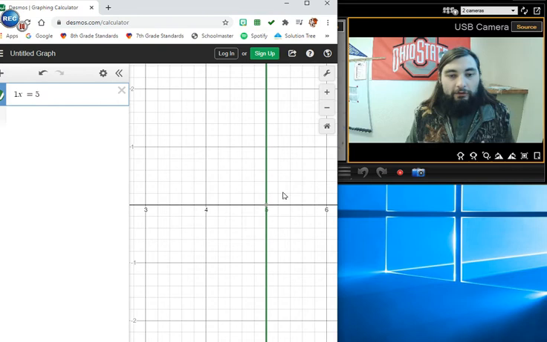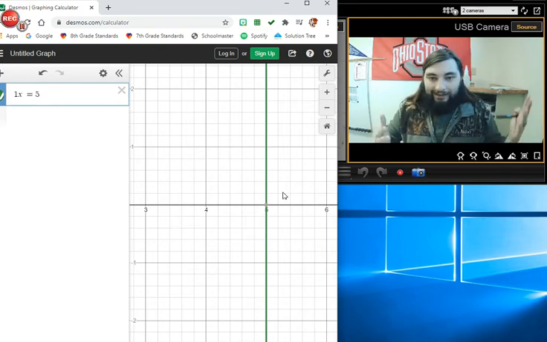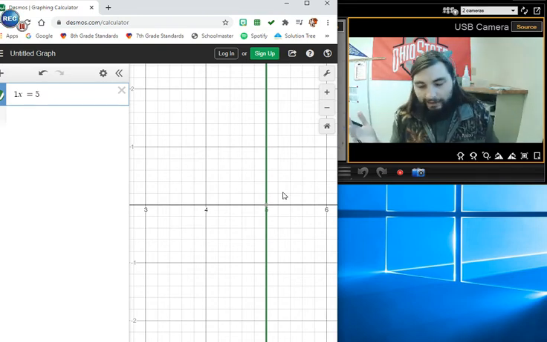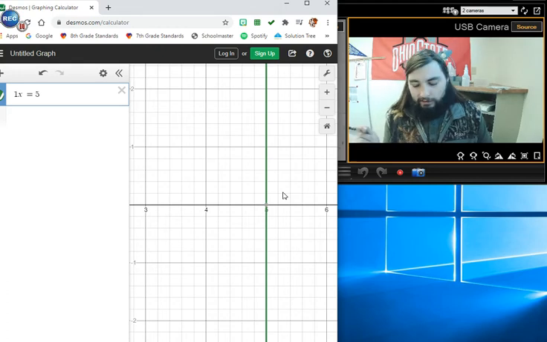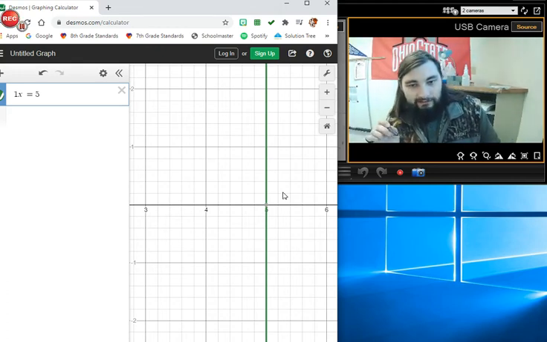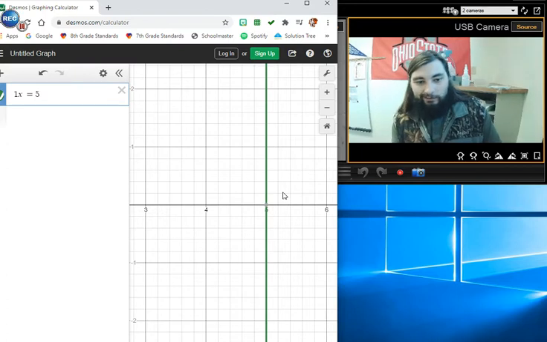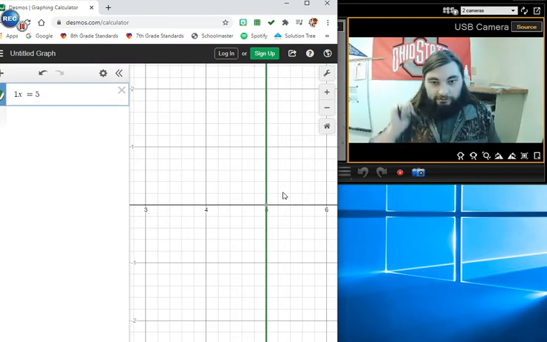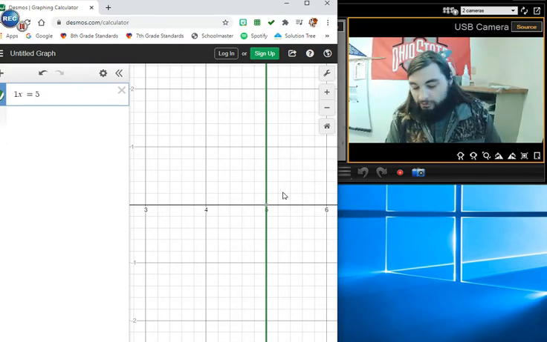So very obviously your slope changes. The way that your line is created and the angle it moves at is very different. So when we changed our y coefficient from a number to 0, it changed it from a line that was going at an angle to now a line that is just vertical.